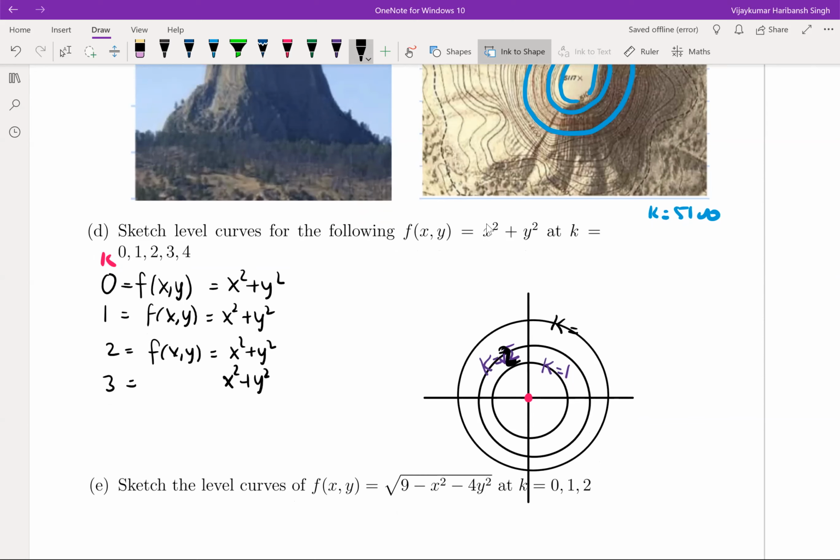Here we get k equals 3. And then for k equals 4, we get a circle of radius what? 2. So this corresponds to k equals 4. So these are the level curves.